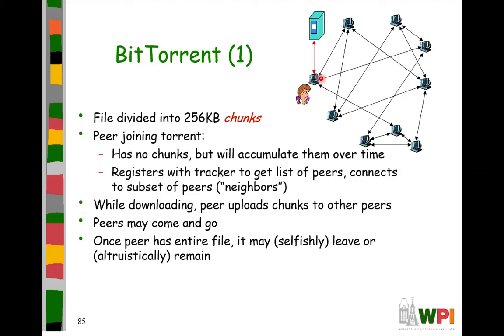Each peer exchanges with its neighbors the list of the files that are available. For example, this peer will share the list of files that can be downloaded from this peer. Similarly, this neighbor peer also sends a list of files that are available with it. Similarly, this neighbor also sends a list of files available.